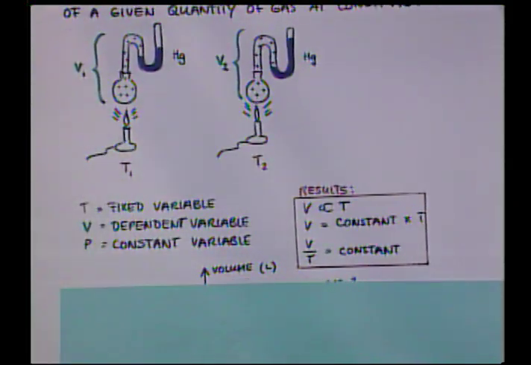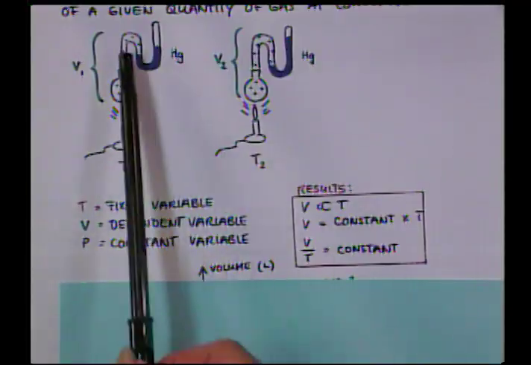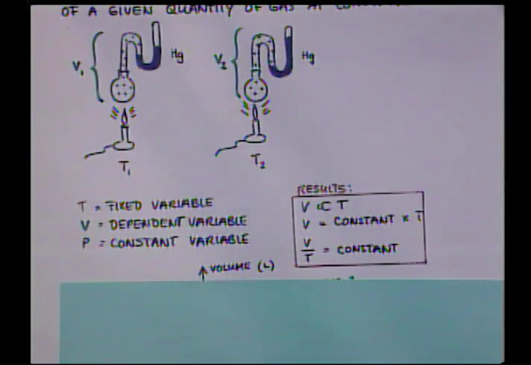Now what was the fixed variable here? The temperature we could manipulate, so that's fixed. And then the adjustable variable, or the dependent variable, would be the volume. So the volume adjusts according to the dictations of the temperatures. The constant variable is, in this case, the pressure.